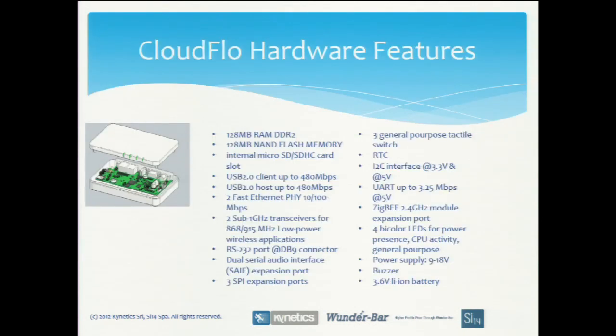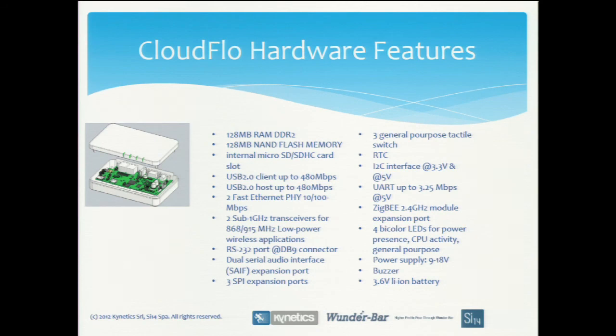These are the features. 128 megabytes of RAM, 128 megabytes of NAND memory, where we have the operating system, USB client and host, 2 Ethernet, 2 transceivers for 868 and 915 megahertz low power wireless applications, and a serial port.